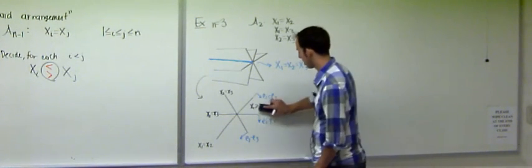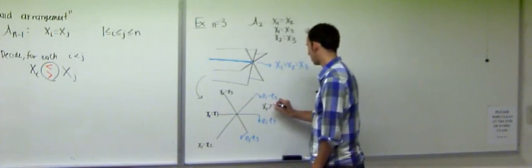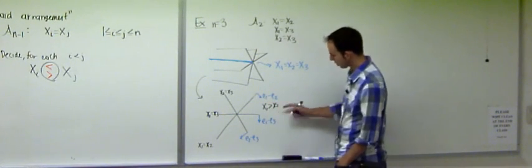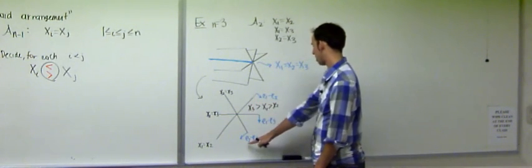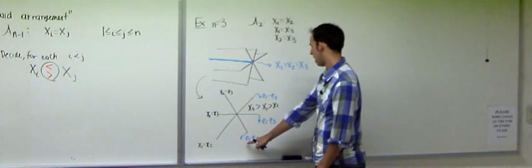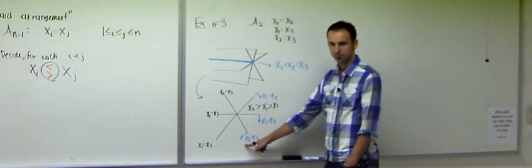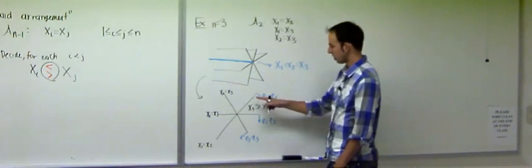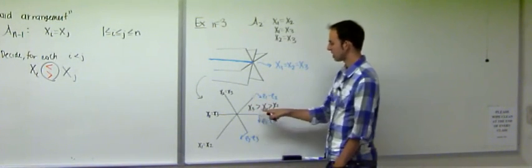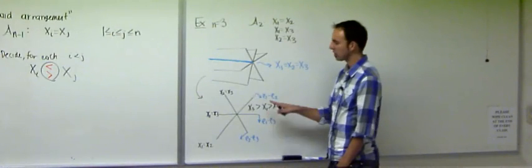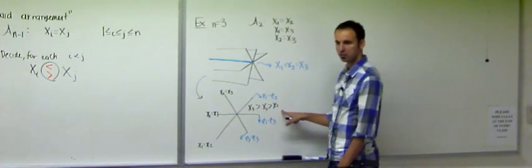So that means that I had said x1 is bigger than x2, and according to this, x1 has to be less than x3. Okay, and according to this, x3 has to be bigger than x2. Okay, so you get to be in this region if x1 is bigger than x2, x3 is bigger than x2, and x3 is bigger than x1. In other words, you get to be in this region if this is the relative order of your coordinates.